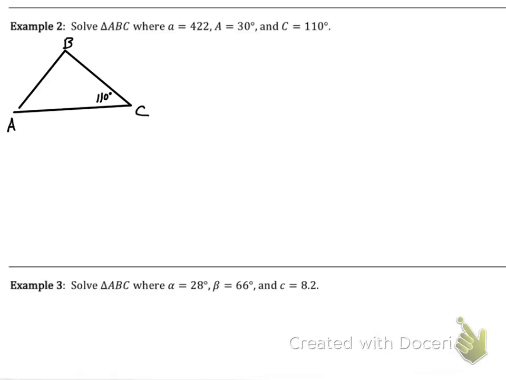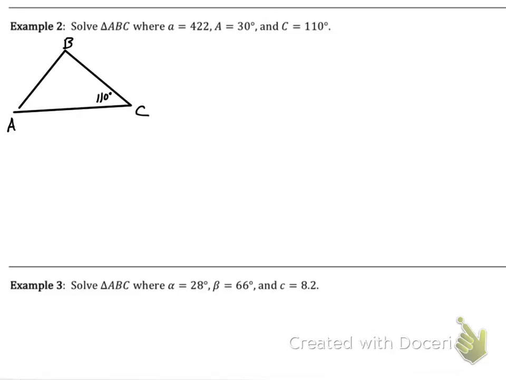Because my goal is not to draw the most accurate triangle, the triangle I'm drawing is just a tool to help me solve it. Okay, I'm not an engineer. I know this isn't 110 degrees. I'm not going to take my protractor out. But I'm just going to go 110. That way I'm not spending the whole test drawing perfect triangles. But if you like drawing an obtuse angle where there's an obtuse angle, go ahead, by all means, do it. But it is okay just to do this and not have to worry about it.